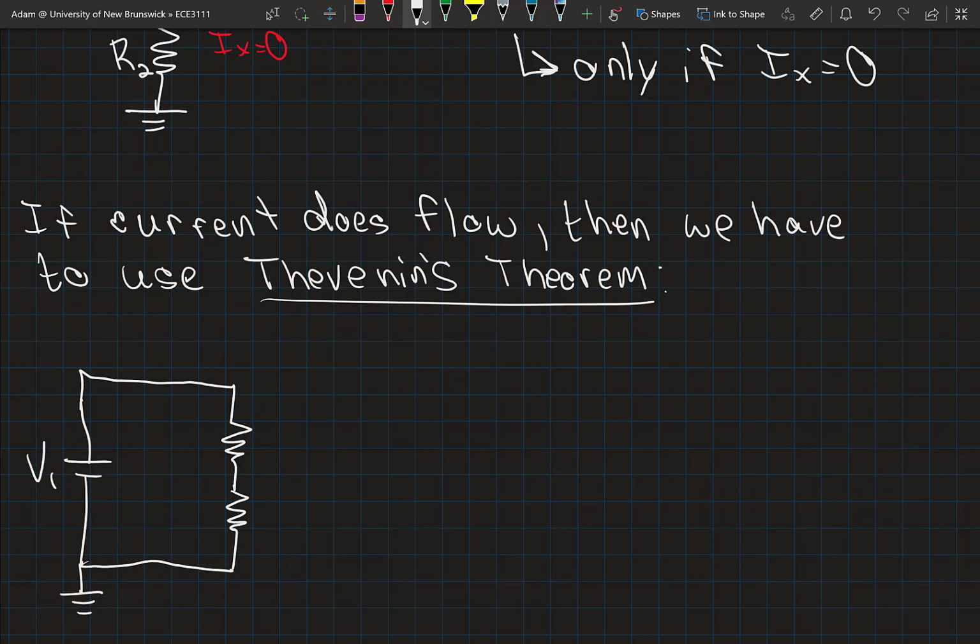Okay, and I have my voltage source V1, and I again have R1 and R2. So far this is no different, and I want to know the voltage Vx here, but now I have some current flowing Ix that's not 0.